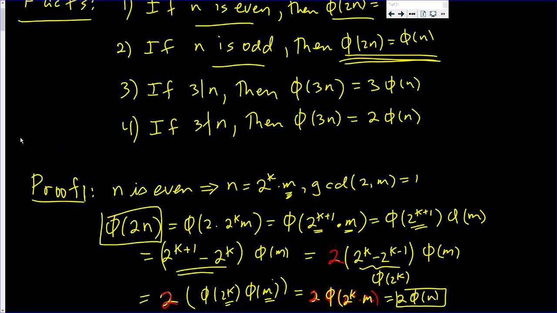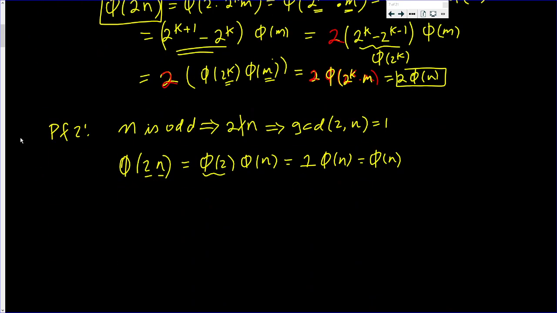The next one says if 3 divides n, then this 3 can come out in front. Proof of 3. 3 divides n. That implies that n is 3 to the k times m, where m has no 3's in it.